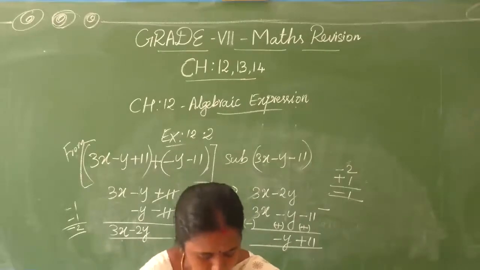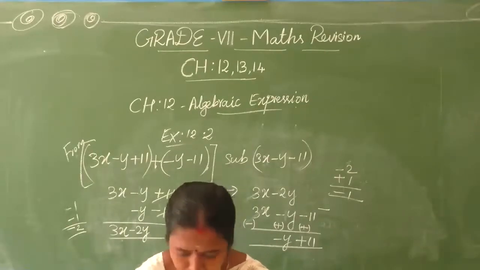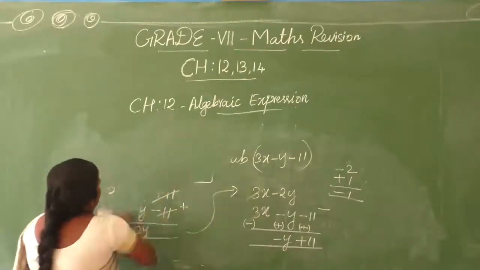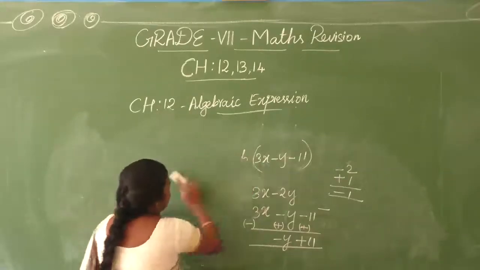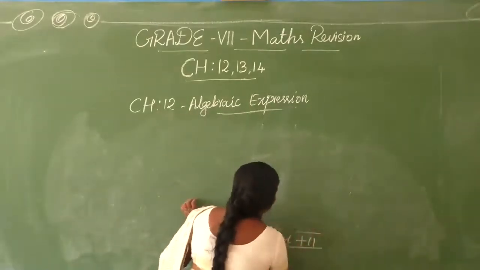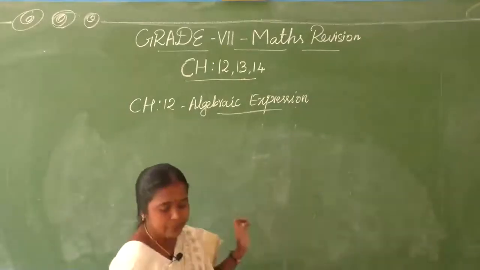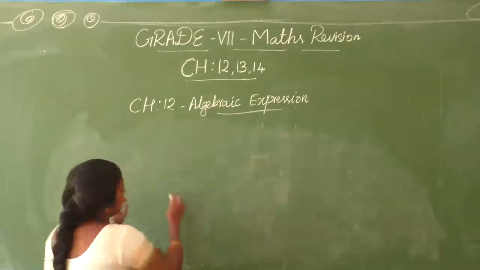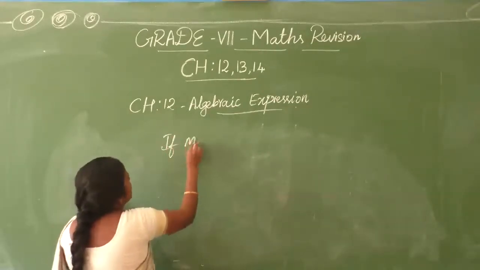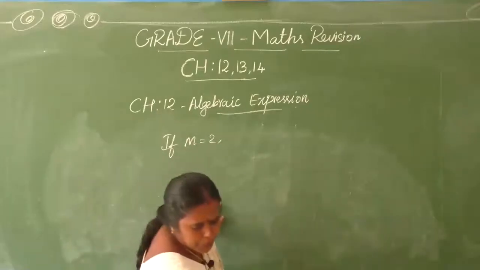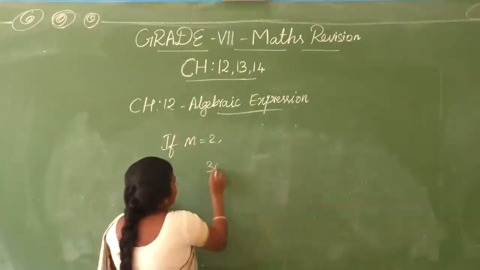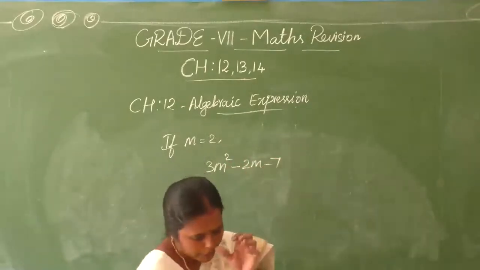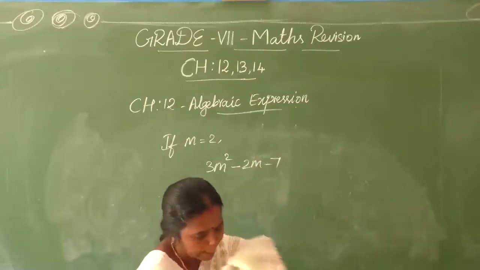The third part: finding the value of an expression. How to find the value of the given expression? See, 12.3, if m equals 2, find the value of 3m square minus 2m minus 7. 3m square minus 2m minus 7.